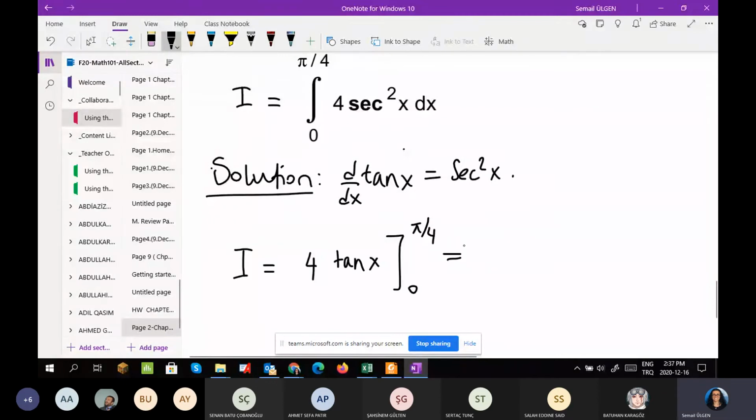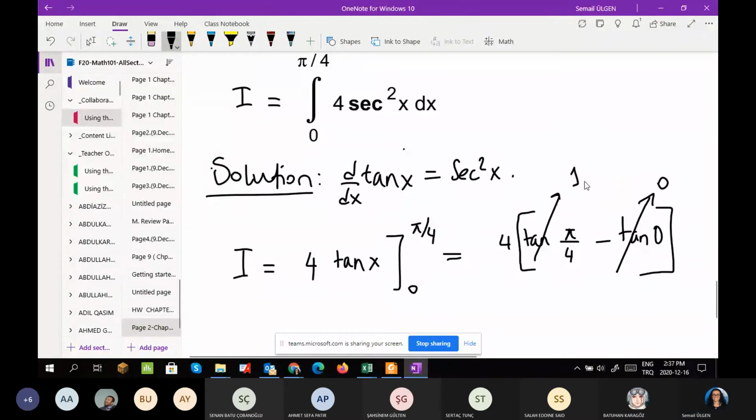So I just put in the values: tangent pi over 4, minus tangent 0. But tangent 0 is 0 because it's sine over cosine, and sine 0 is 0. Tangent pi over 4 is 1. So the answer is 4. This is done.